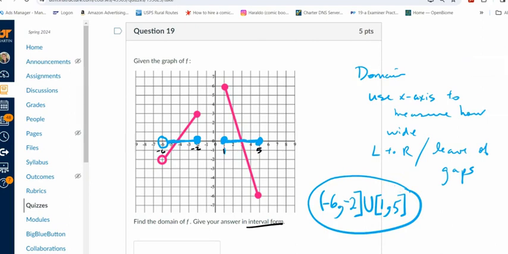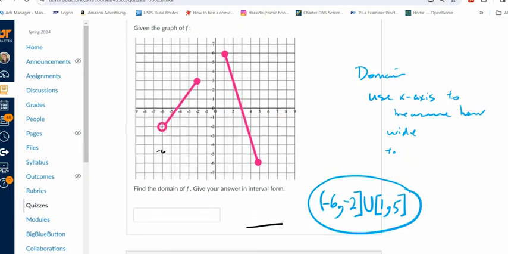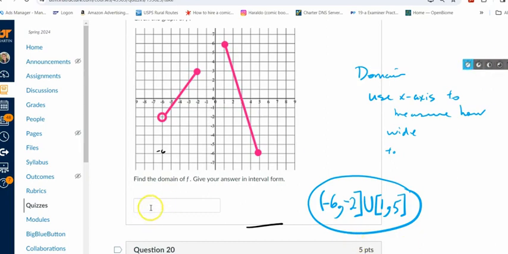Okay, so let me move this down. And I'm going to type in parenthesis -6, comma, -2, square bracket, capital U, square bracket, 1, comma, 5, square bracket. Okay, and no spaces.